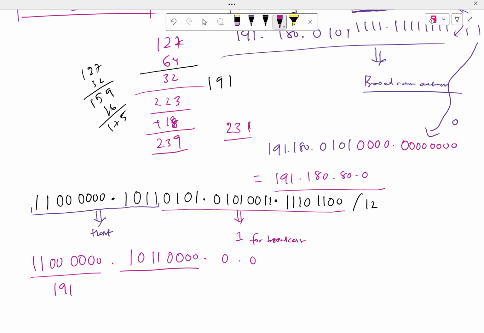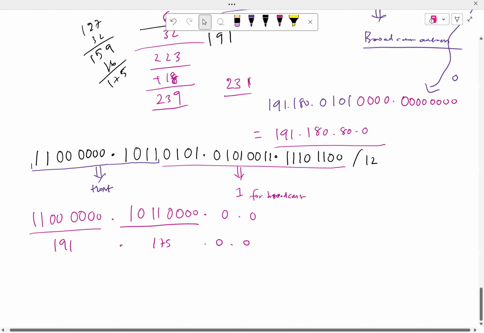If you convert it to decimal, it will be 127. This is 32 plus 16, 48. 127 plus 48 is 175 dot 0 dot 0. Okay. Broadcast.